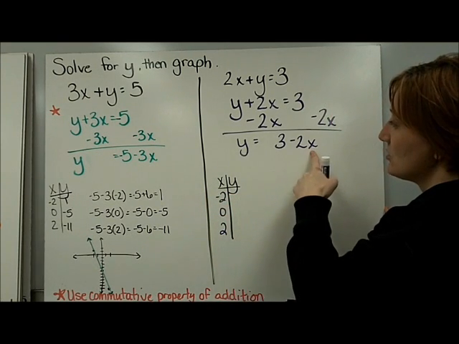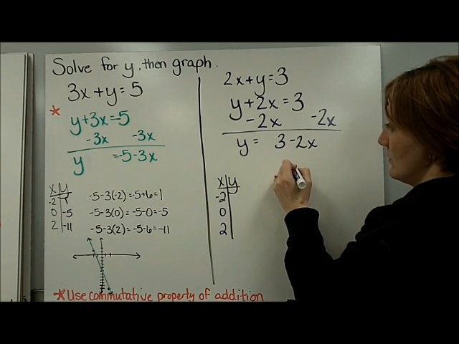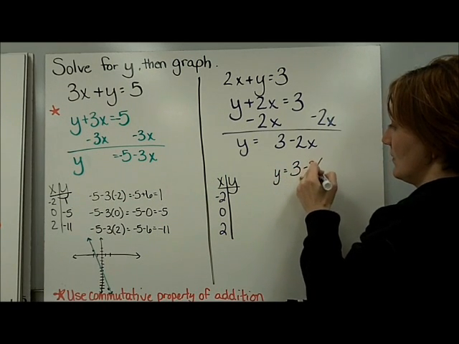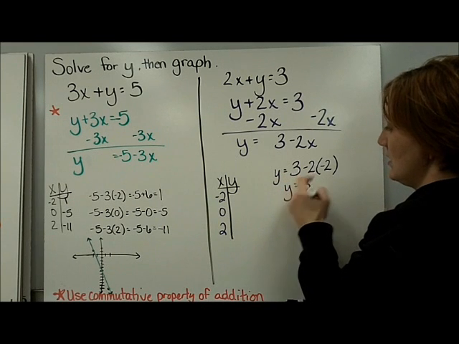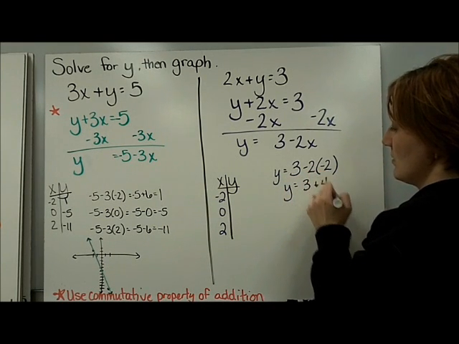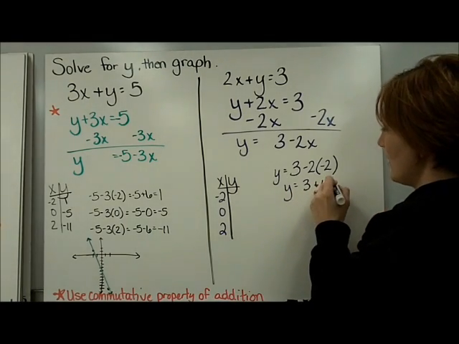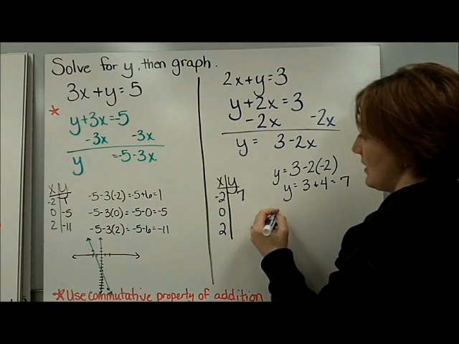If I put negative 2 into this equation, I end up with y equals 3 plus 4, because negative 2 and negative 2 multiplied together is plus 4, and therefore y equals 7 for the value of x equals negative 2.